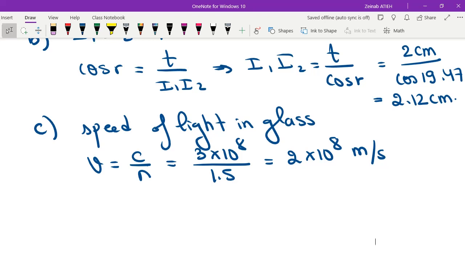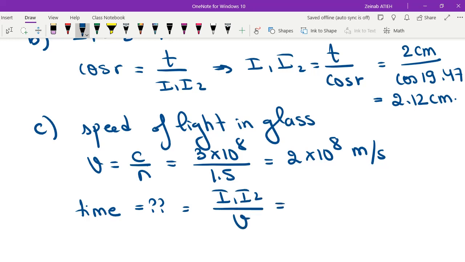Now I have to calculate the time to cross I1 I2 in the glass. So time, as he asked me, is equal to I1 I2 over V, the speed. I1 I2 already calculated, it's 2.12.